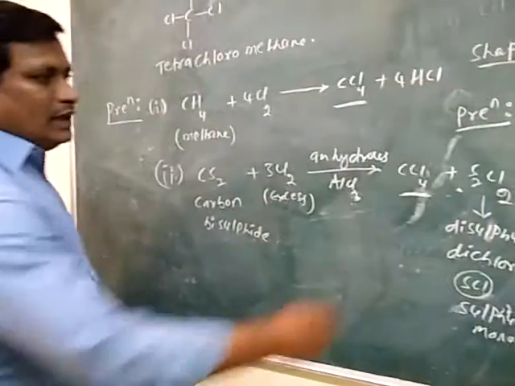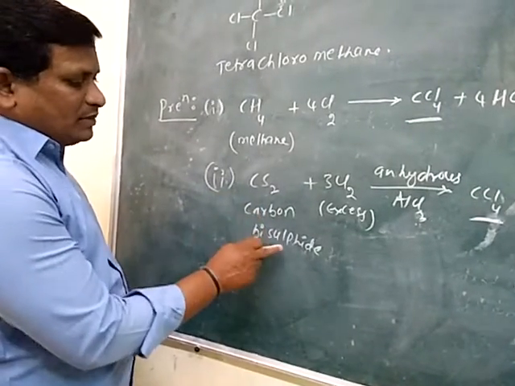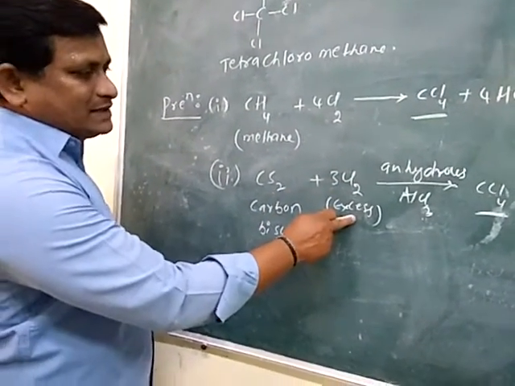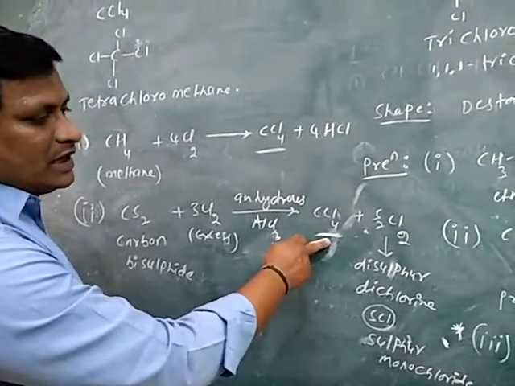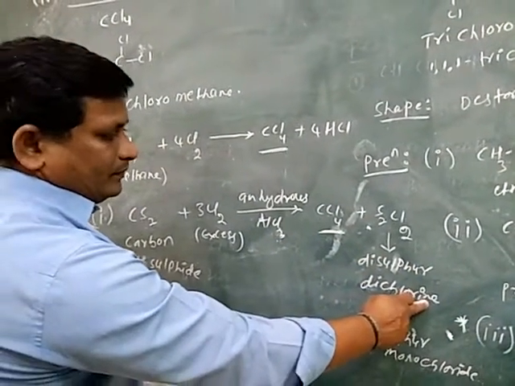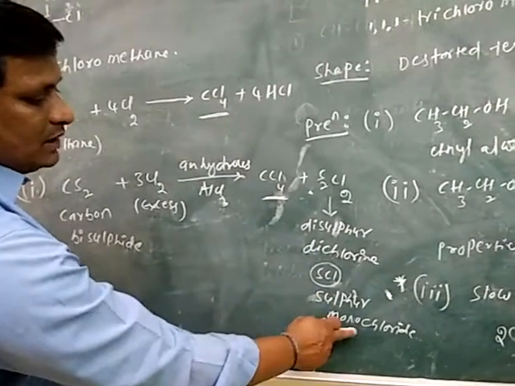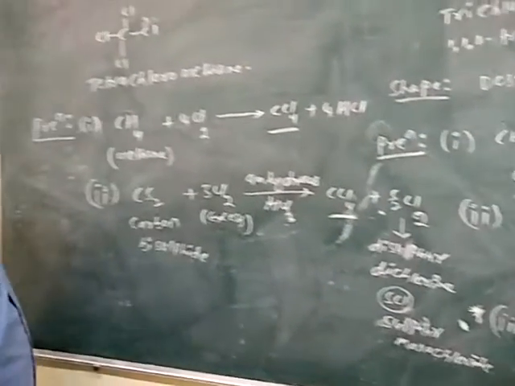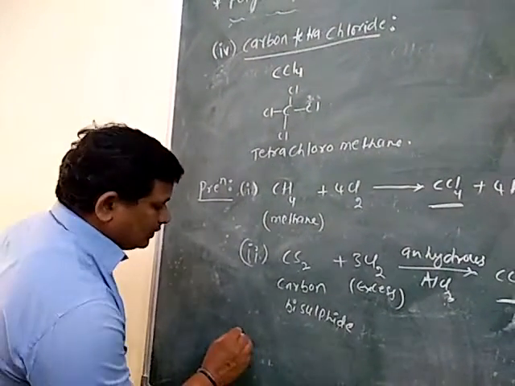So the second preparation is carbon bisulfide treated with excess chlorine in the presence of anhydrous AlCl3, giving carbon tetrachloride and disulfur dichloride. These are the preparation methods of carbon tetrachloride.